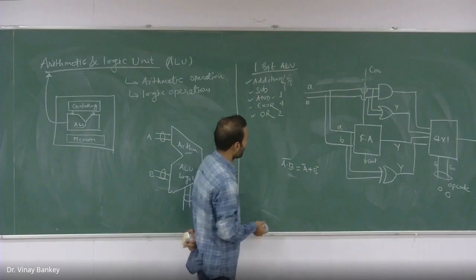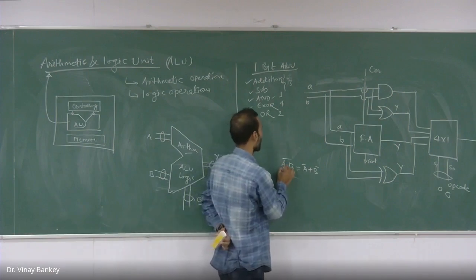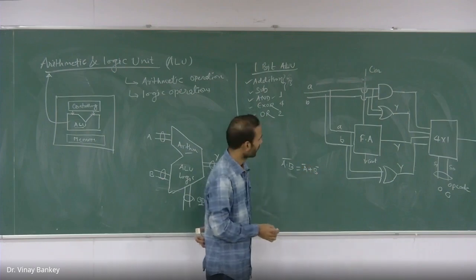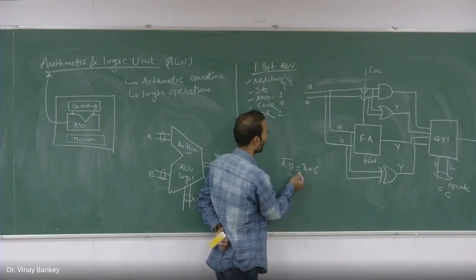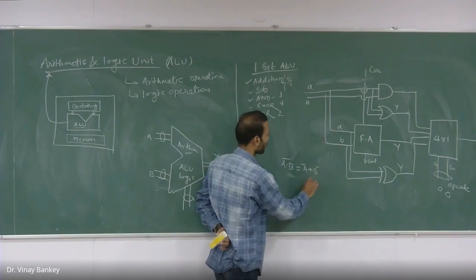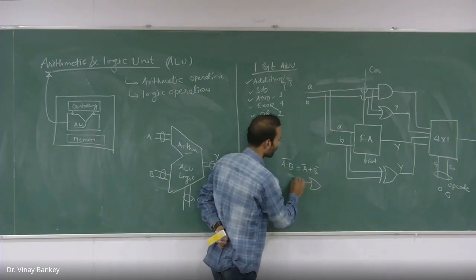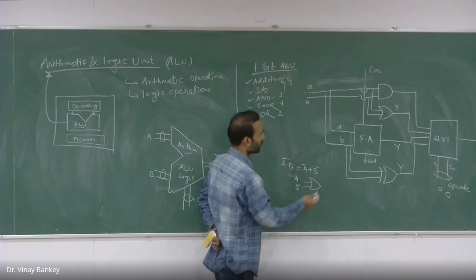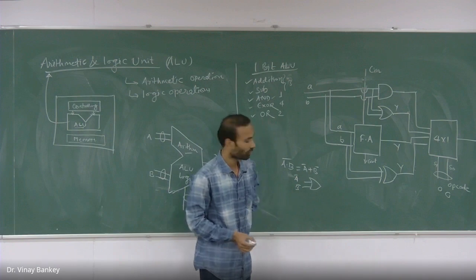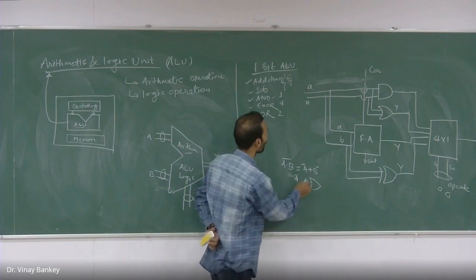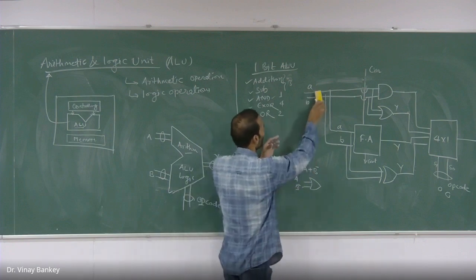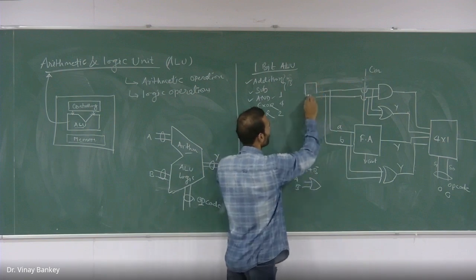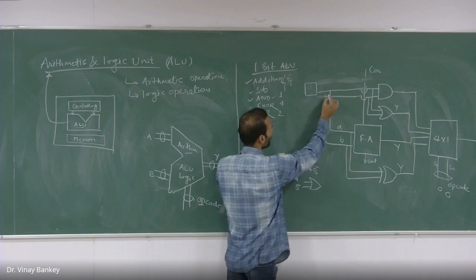A NAND B is equal to A complement plus B complement. So for this case, if I want to use only one OR gate and connect two complemented signals to the OR gate, then I don't need another NAND gate here. So for this, I can choose one multiplexer here. I can connect one multiplexer to A. This will be my one multiplexer.